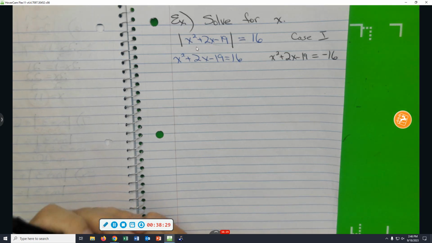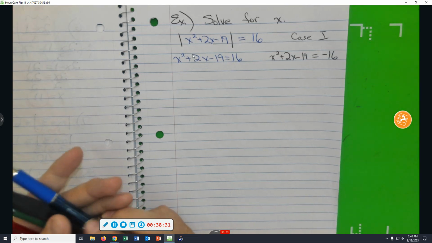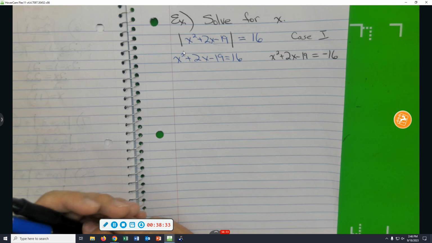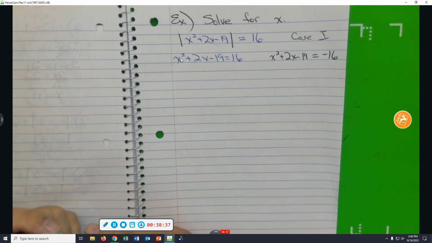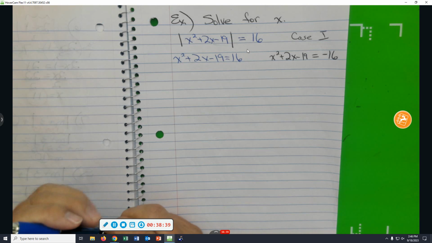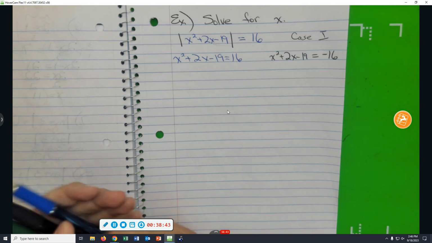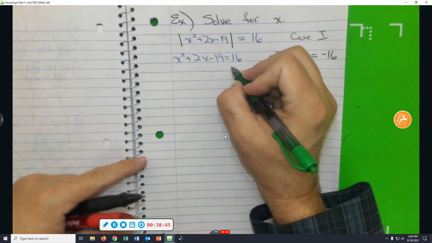So we're now reviewing how to solve a quadratic equation. Well, if we're going to solve a quadratic equation, we need it in that standard form. What number do I need on the right instead of a 16? 0. So we'll subtract 16.